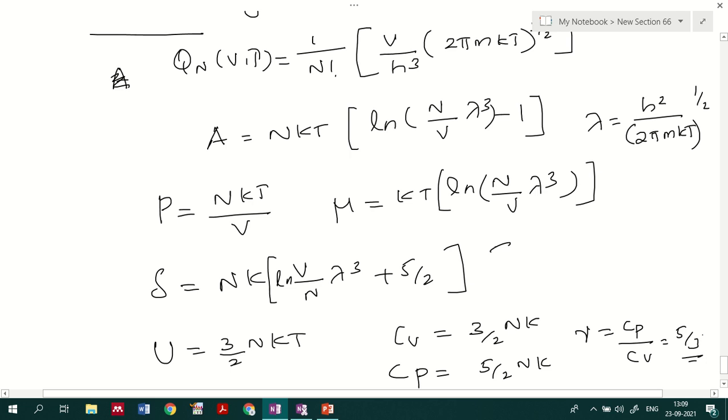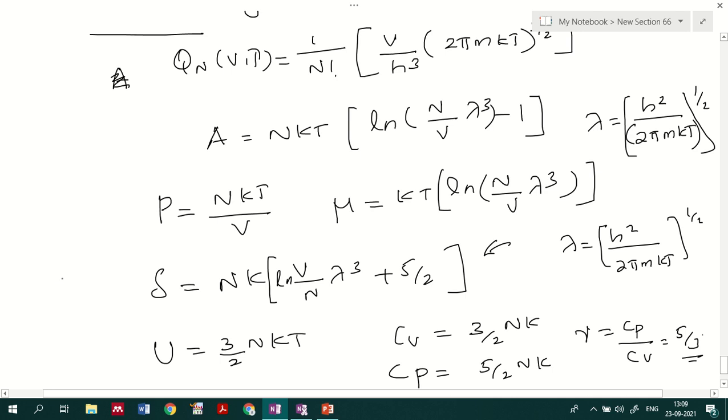And in this entropy equation, if you substitute lambda equal to h square by 2 pi mkt, raised to 1 by 2, then you will get the Sackur-Tetrode equation.